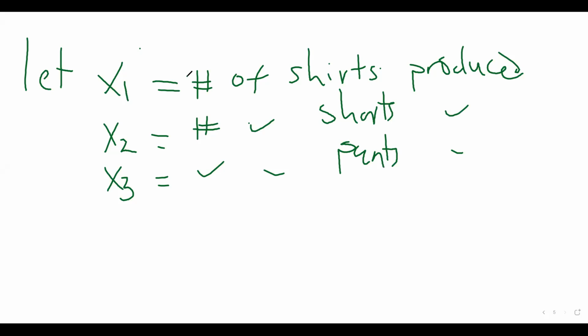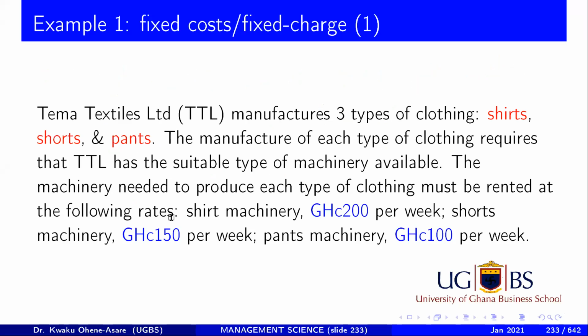However, there was a clause, and it's very important to appreciate that clause. It says that the machinery needed to produce each type of clothing must be rented. So you cannot produce shirts unless you have the shirt machinery bought.